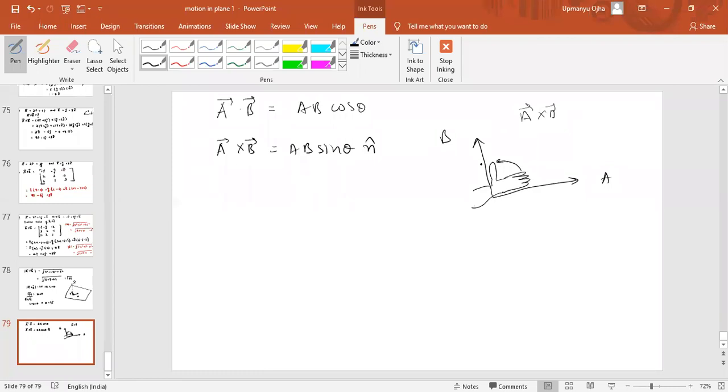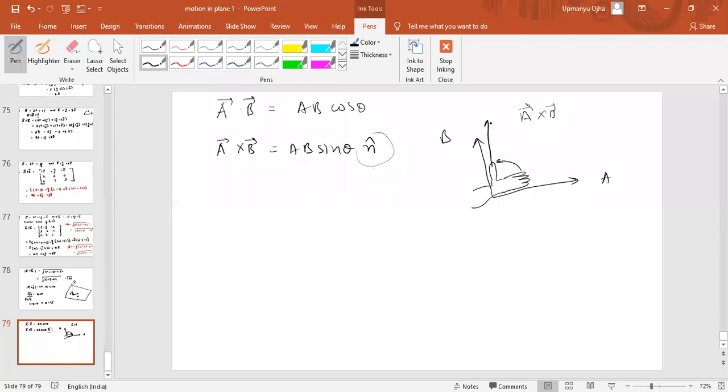We cannot tell the angle between the vectors from this. Yes, we can find the direction of the C vector. C cap is the direction of the resultant vector C. A cross B means C vector, so the C vector will be perpendicular to both A and B, and the direction of C vector will be like this.